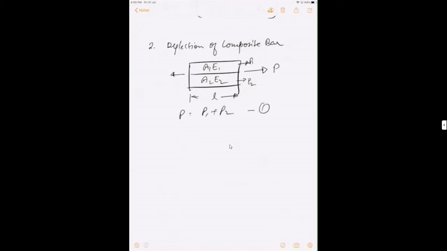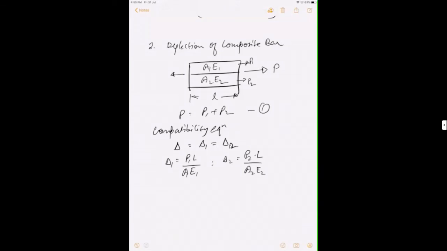And I can say from the compatibility equation that my deformation delta is equal to delta 1 is equal to delta 2. Now delta 1, I know, will be P1 L upon A1 E1, and delta 2 is equal to P2 into L upon A2 E2.